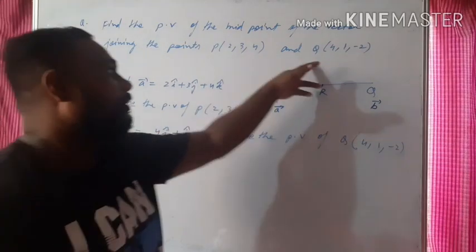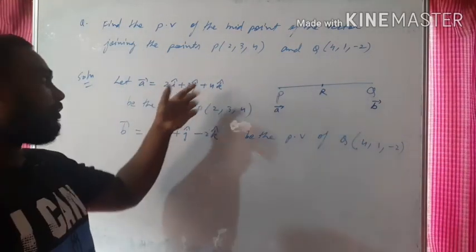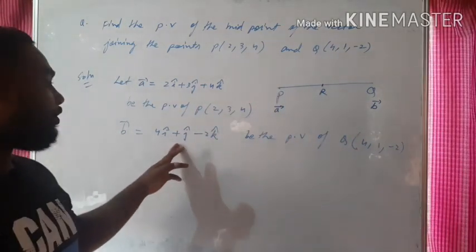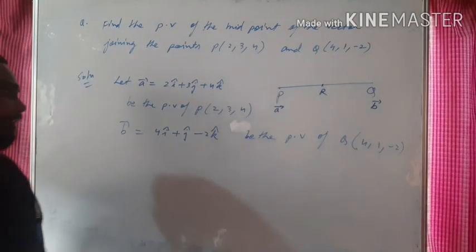Points are given, and using the points only I have written the position vectors.